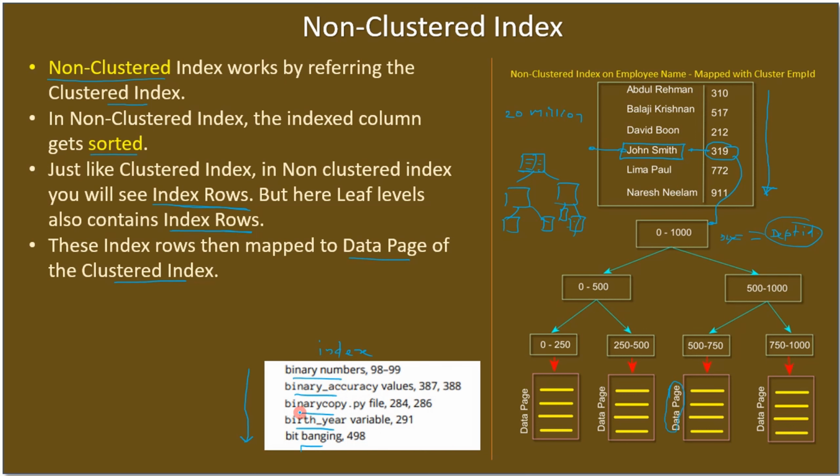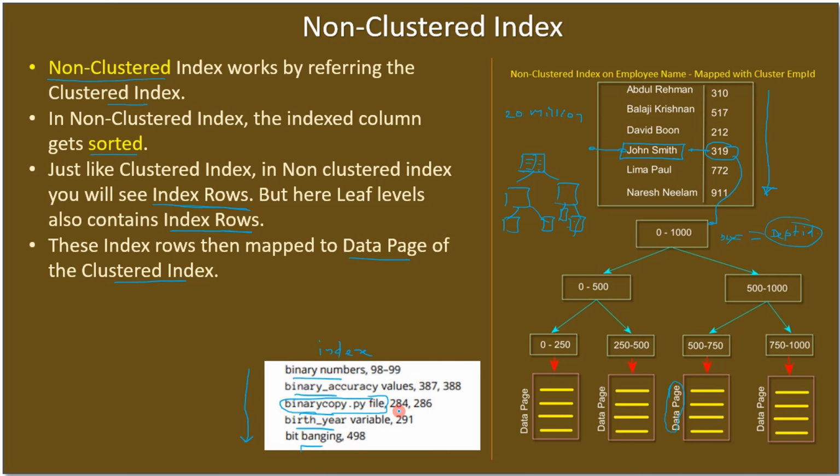Since it's in a sorted order, you will pick a specific search. Say for example, if you are searching for binary copy.py file, you will find that based on index lookup or the sorted value lookup.